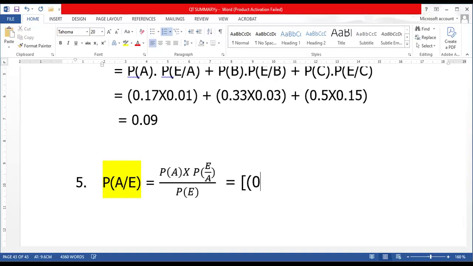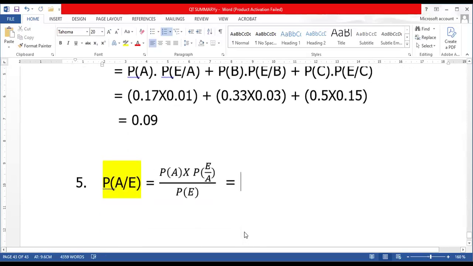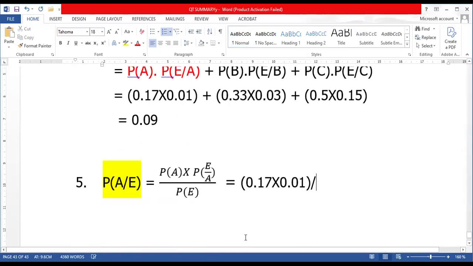Probability of A was 0.17. Actually, you can copy and paste because you have everything here. So you divide everything by this. What do you get?